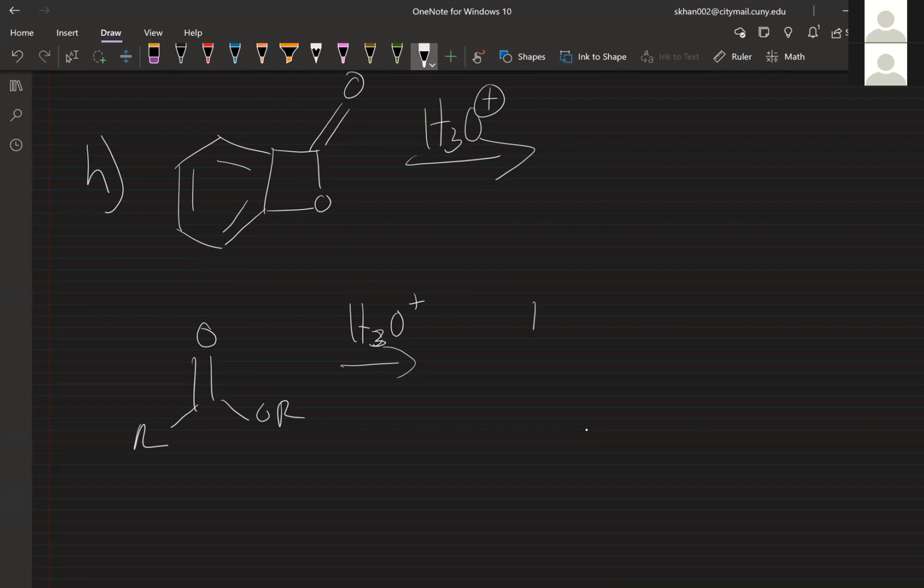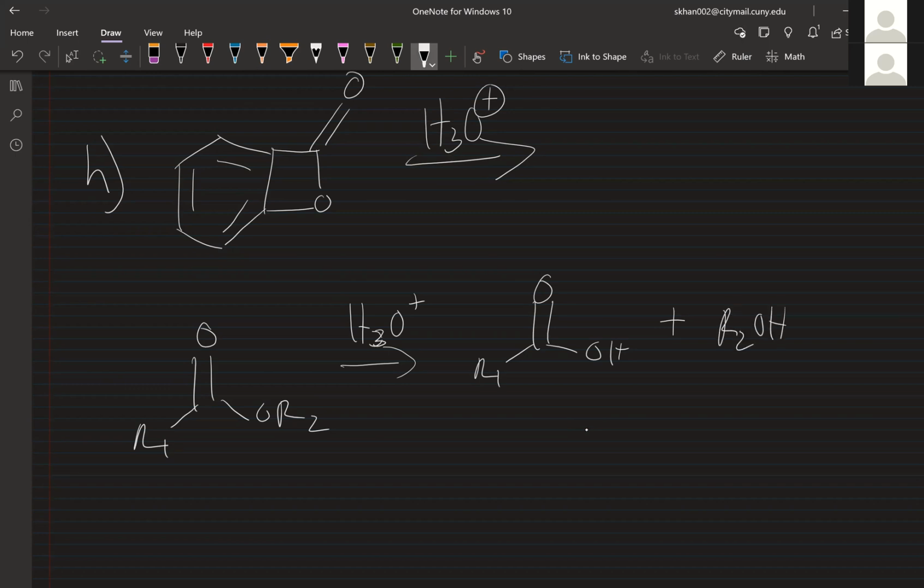We get the carboxylic acid, right? And we'll call this R1 and R2. And what's the other byproduct, technically? The OR, right? So it'd be R2OH.